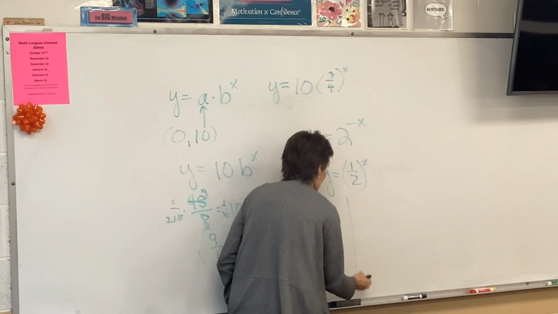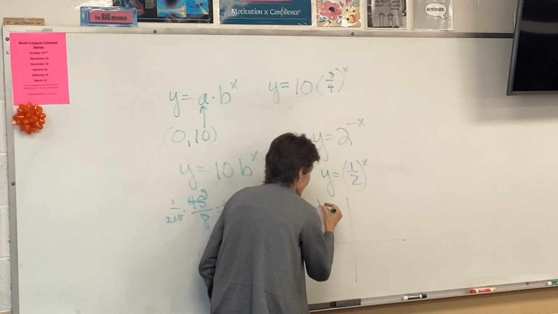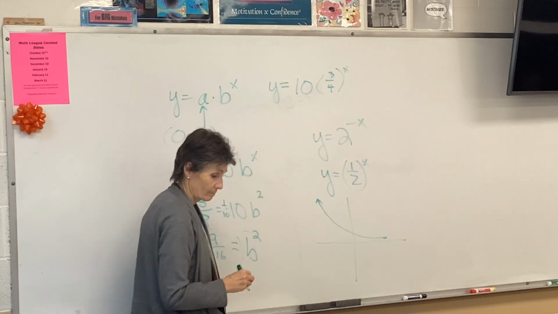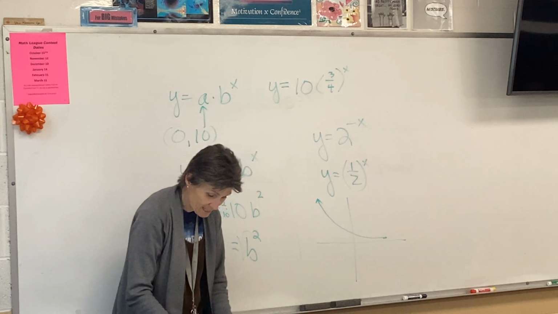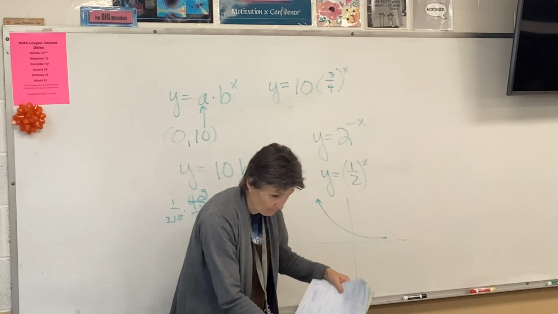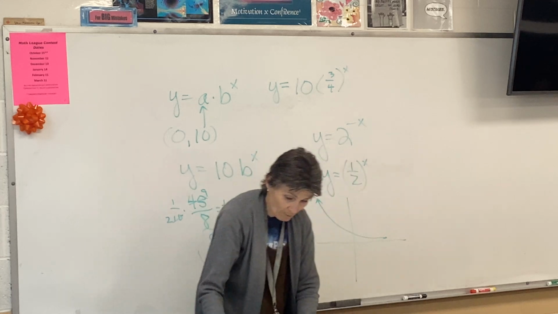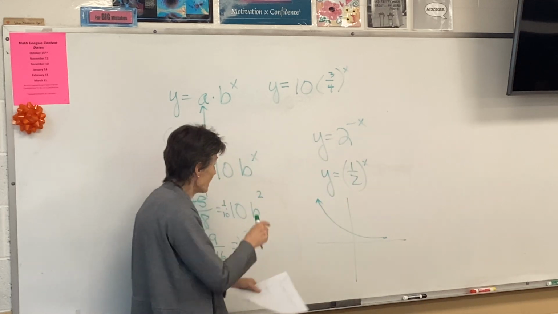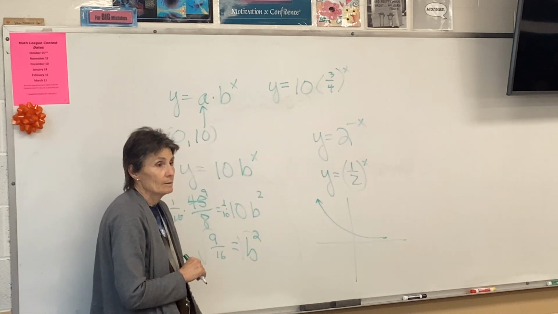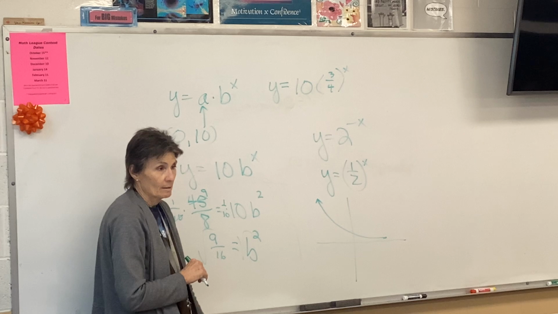So my sketch is going to be a decay like this. 0 is going to be the asymptote. And it's just a quick sketch, so nothing has to be perfect.